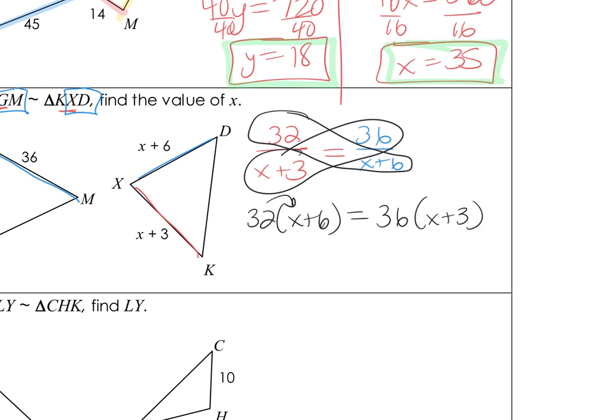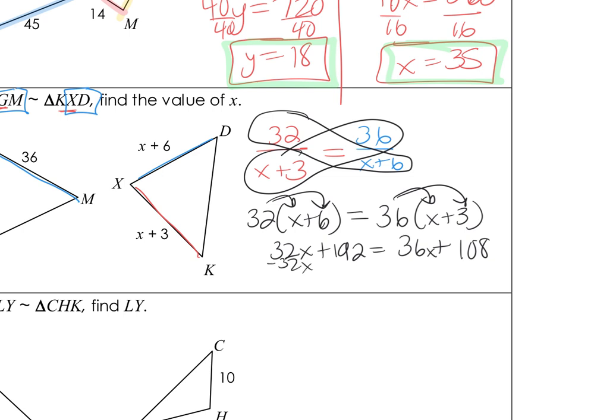Let's distribute. 32x. 32 times 6 is going to give me 192. 36x. 36 times 3 is going to give me 108. And then we solve. Oh, sorry, I forgot the x there.